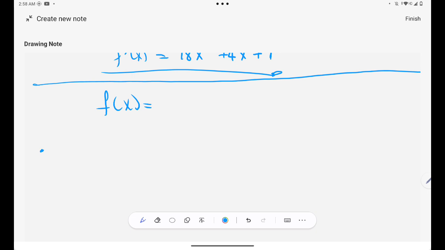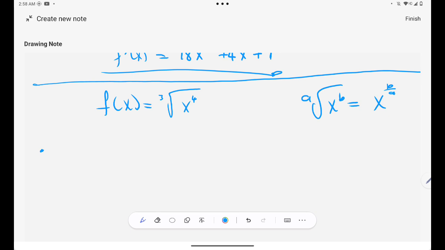f of x is equal to the cube root of x to the power 4. Find the derivative. Please note from the laws of exponents, the root is always the denominator of your exponent.